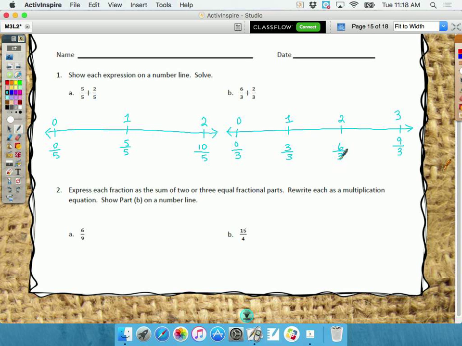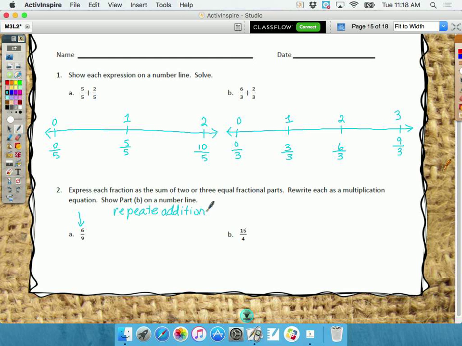Let's look at the directions on the bottom. It says express each fraction as the sum of 2 or 3 equal fractional parts. So it's just like the bottom of the other side. Put your pencils down. You need to listen to what I'm saying. So you've got to take this 6 right here and show repeated addition of your numerator.